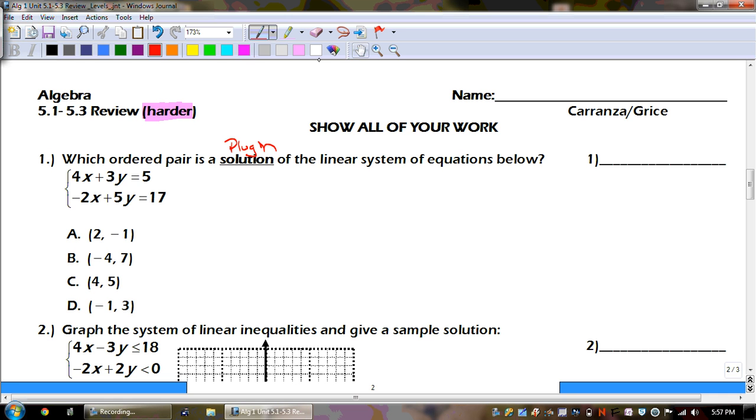Okay, so let's start with A. For A we have 4x plus 3y equals 5, and we're going to plug in 2 and negative 1. So we get 4 times 2, which is 8, minus 3, which is 5, and 8 minus 3 is 5. So we're happy with the first one, but remember, we have to make sure it works for both.